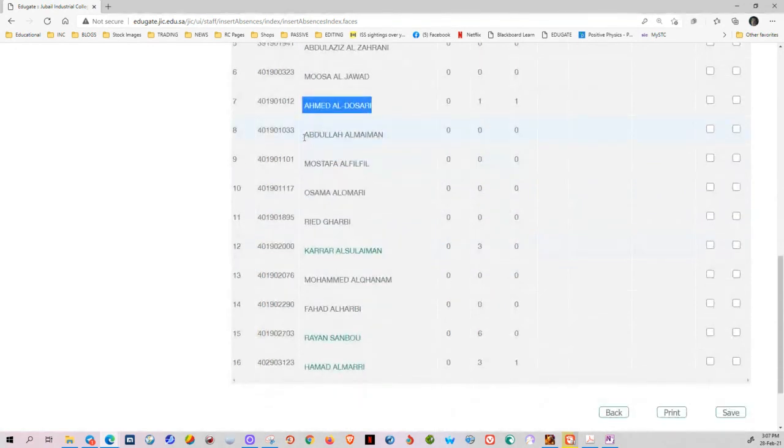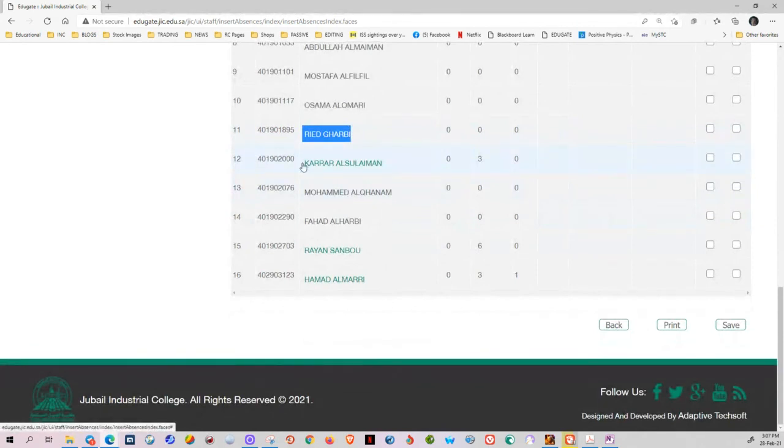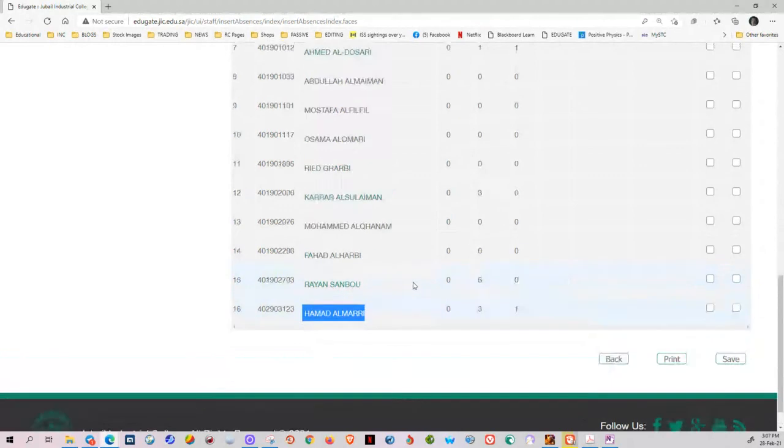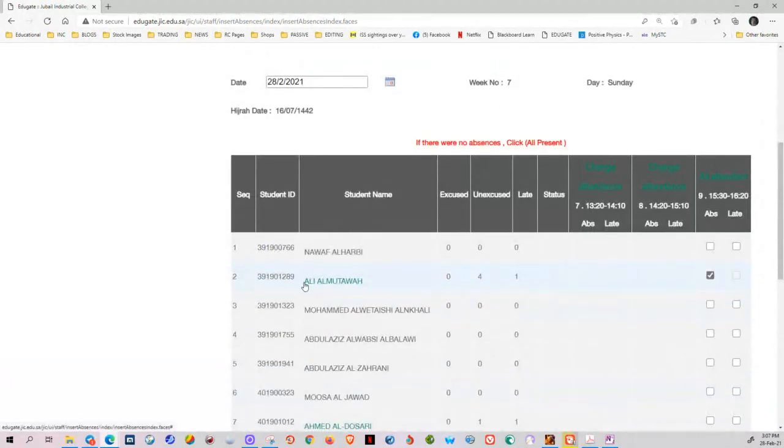Yes, teacher. Excellent. Abdullah, 033. 101, Mustafa. 117, Osama. 895, Raid. Okay. Karar, 000. Excellent. Muhammad, 076. Fahad, 290. Rayan, 703. Hamad, 123. Last chance, Ali Al Mutawa, 289.